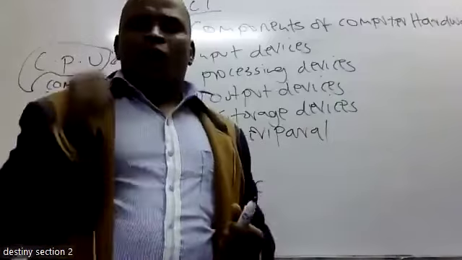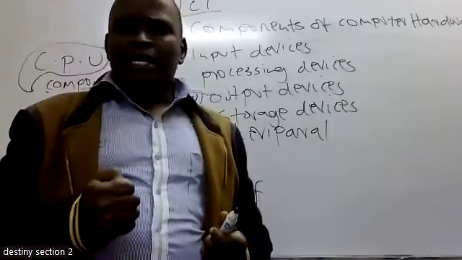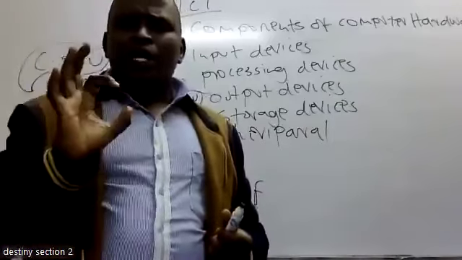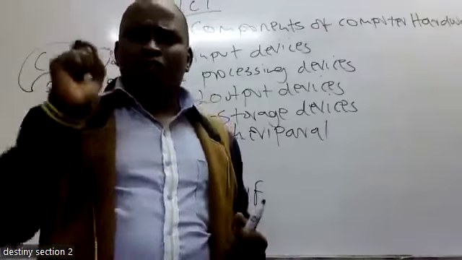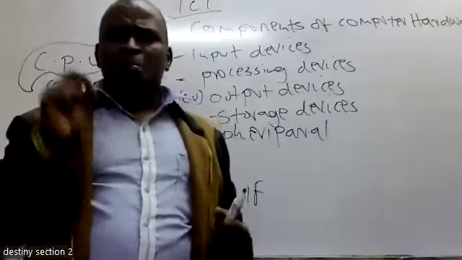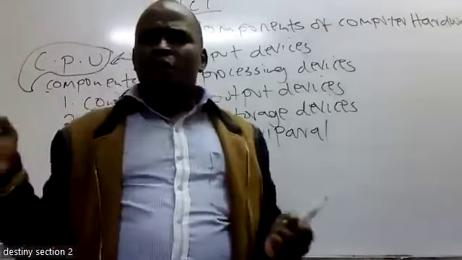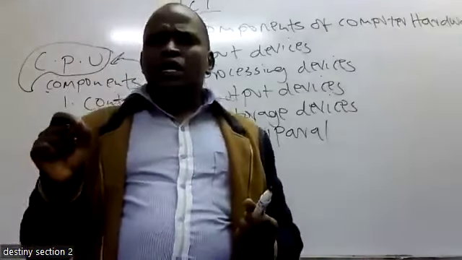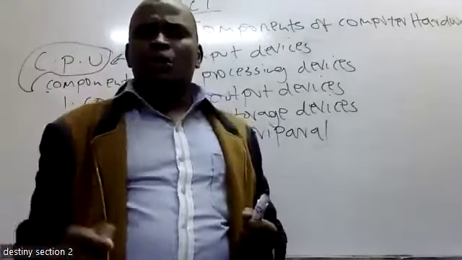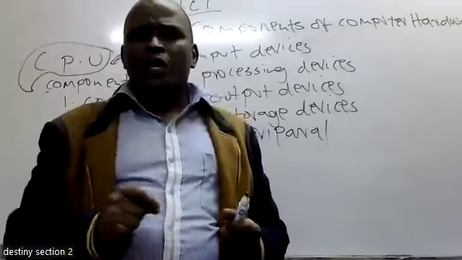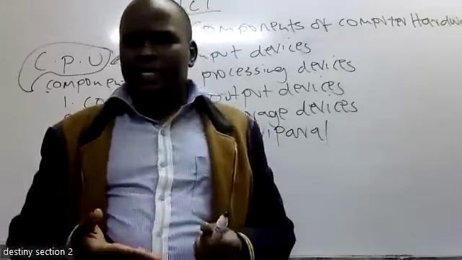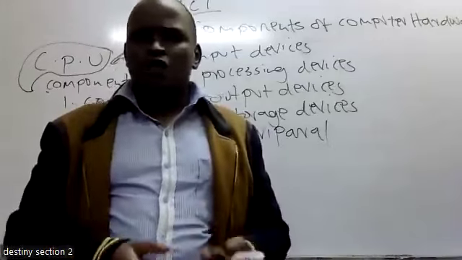And if you have the primary memory, the computer cannot do without it. In fact, even that mobile phone you are using cannot work without the memory. The same thing applies to our computers. This primary memory is the working space, the working area of the computer.